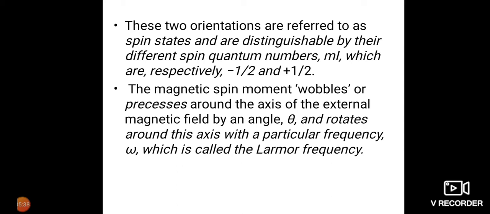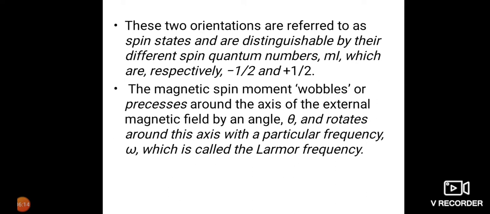Now, the magnetic spin moment wobbles or precesses around the axis of the external magnetic field by an angle theta. This orientation between the magnetic field of the tiny magnet and the applied external magnetic field happens at an angle called theta, and it rotates around its axis with a particular frequency omega.